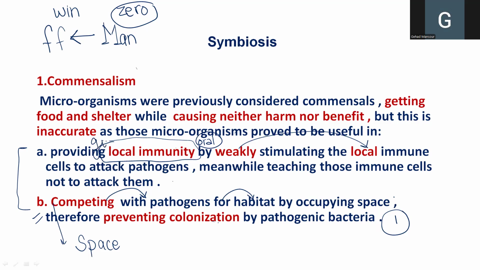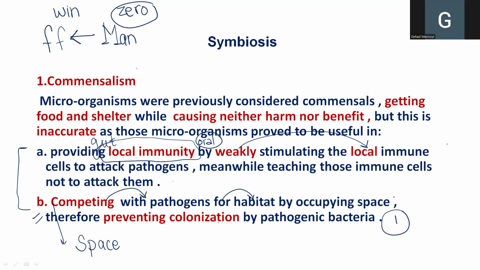And if the organism is in the gut, like bifidobacteria, then it will stimulate the immune system or the white blood cells in the gut. And that's why we describe this as weak stimulation of the local immune system.